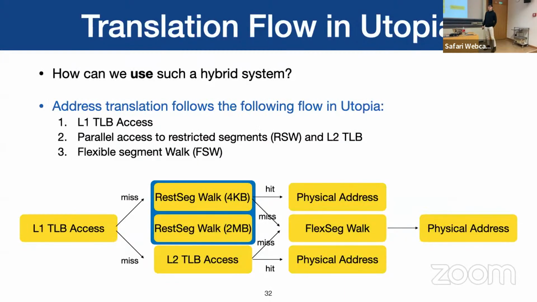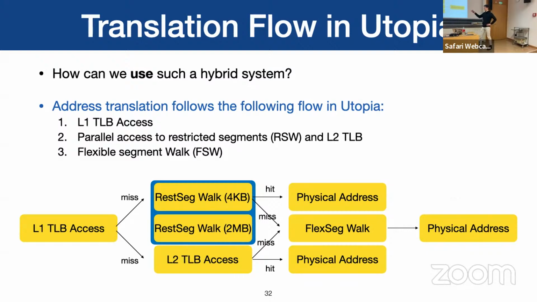So let's look at the broader picture. How do we integrate this with the flexible segments? First of all, we try to access the L1 TLB. If we get a miss for our virtual page number there, then we access the restrictive segments, depending on the size.